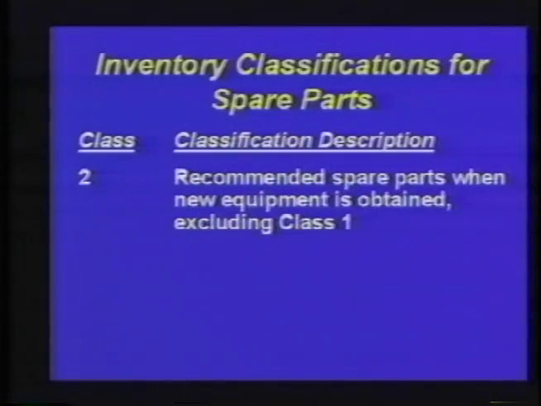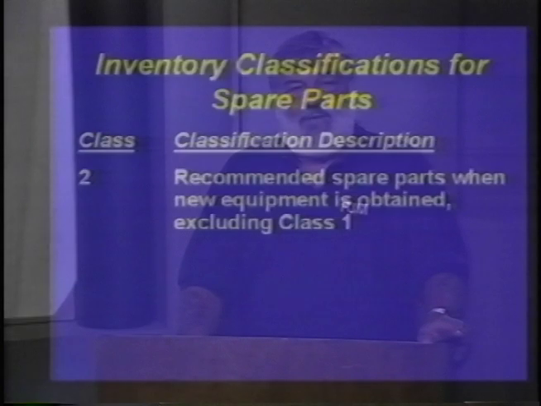Class 2 is a byproduct of purchasing spare parts when a new asset is purchased, when a new piece of equipment is purchased. In some cases, you'll find that if you purchase additional spare parts when you purchase the equipment, you could get a tremendous quantity or volume discount from the OEM.